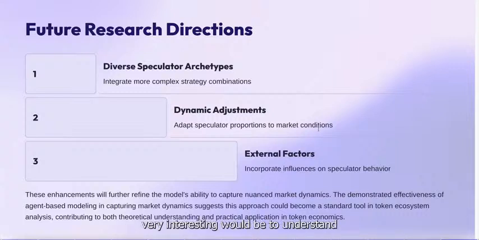Something which I also find very interesting would be to understand what different mixes of speculators can lead to particular behavior. So we can use this process against price dynamics and say, it looks like this is the kind of speculator mix that maybe is taking place at the Link token, and there's another speculator mix for Bitcoin, and so on and so forth.